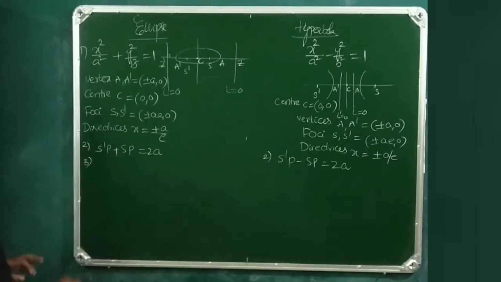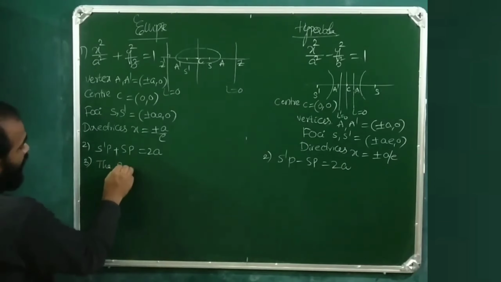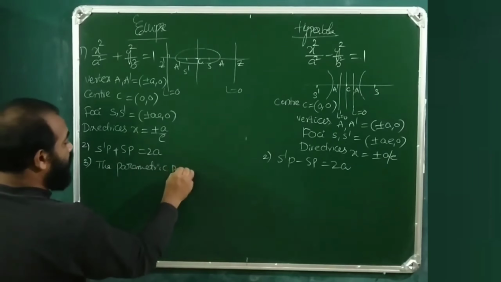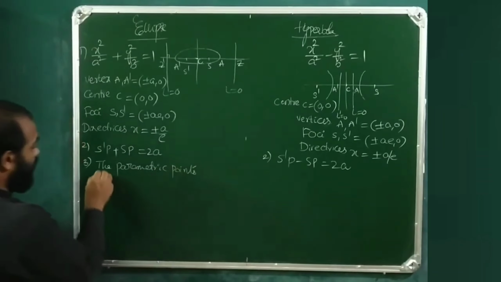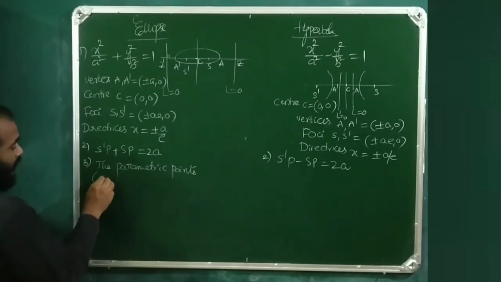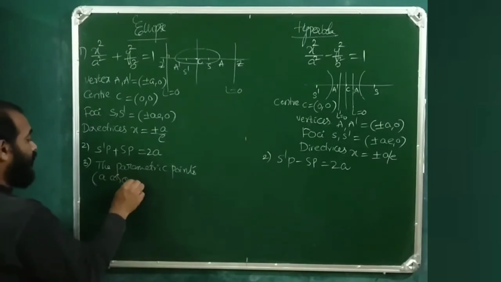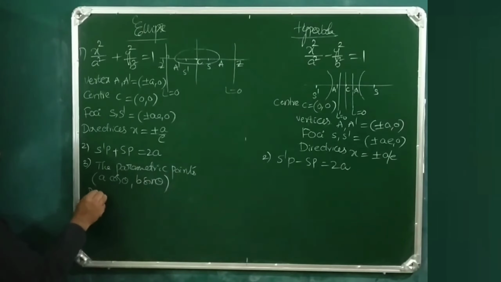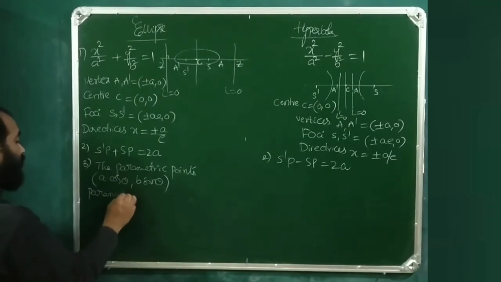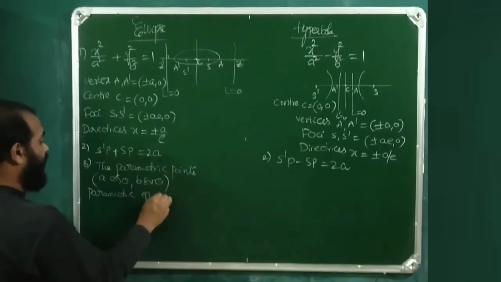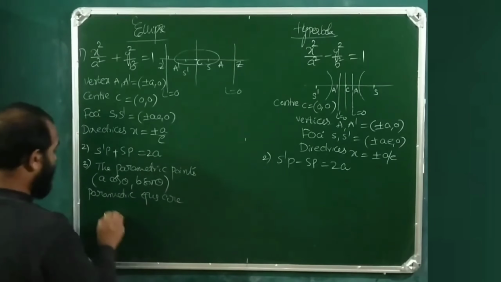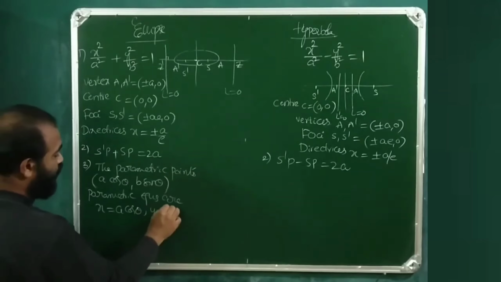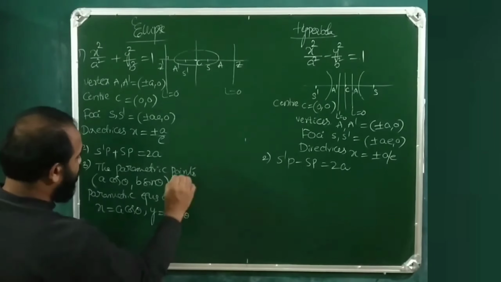Here the parametric points are a cos theta, b sin theta. So that means parametric equations are x equals a cos theta, y equals b sin theta.